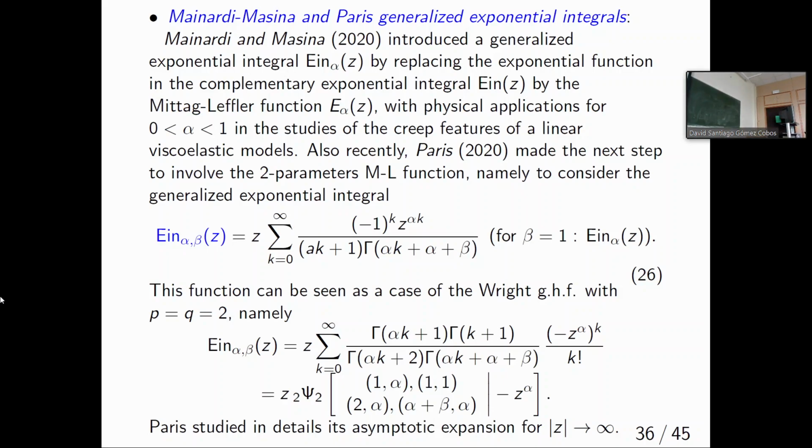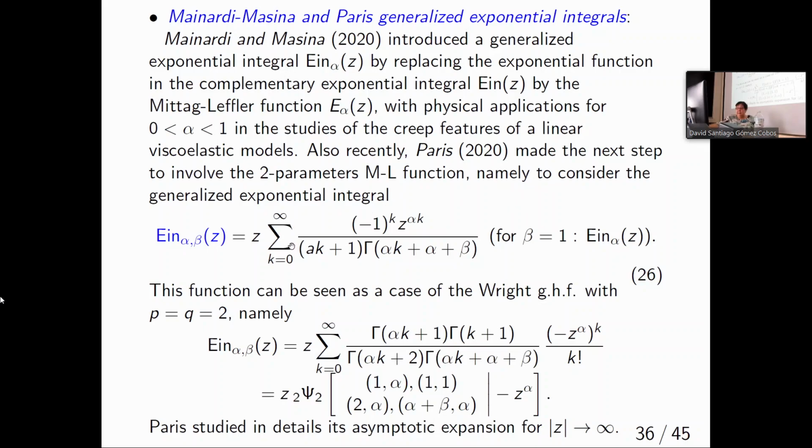Yes. So as I mentioned, I would like to continue with a few examples recently studied, say by Mainardi and Messina, and then Paris extended this case to consider the so-called complementary exponential integral, where they replaced the exponential function by the Mittag-Leffler function, first with one parameter, and Paris did this for two parameters.